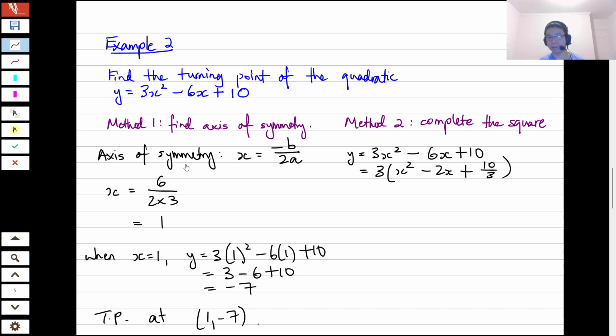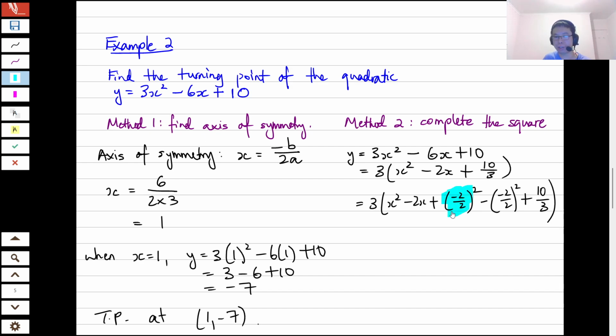Now what I will do is take half of the coefficient of x inside the brackets, square it, and then add and subtract that. Here, the coefficient is -2. If I add something, I have to subtract it so that the equation stays unchanged.